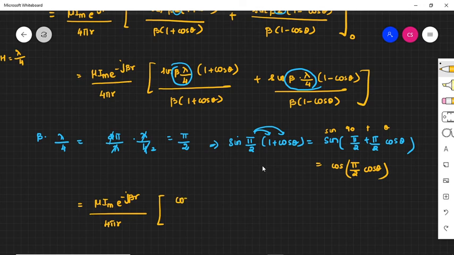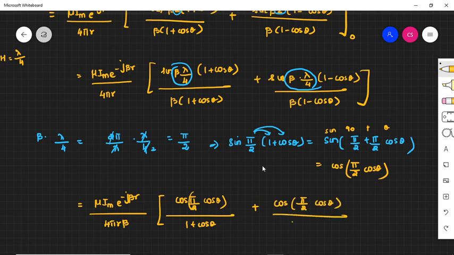So, the numerator becomes cos of pi by 2 cos theta, divided by, we can take beta commonly outside, 1 plus cos theta, plus cos of pi by 2 cos theta divided by 1 minus cos theta.